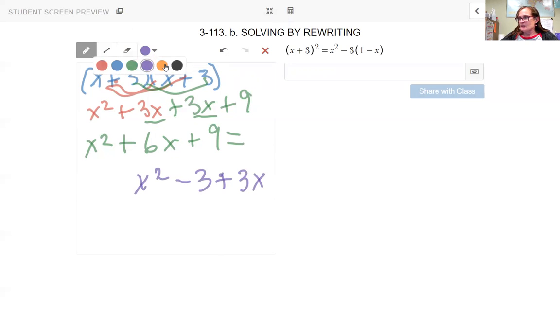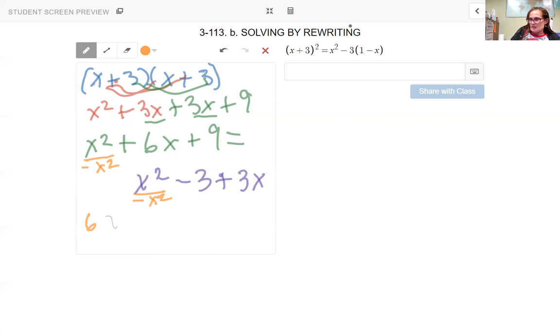As I'm looking at this, I see, oh look, they have an x squared on both sides, so we can cancel those guys out. Subtract x squared, and now we have 6x plus 9 equals negative 3 plus 3x.